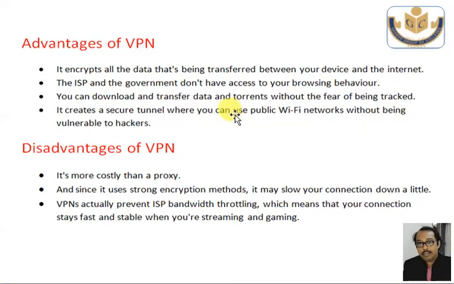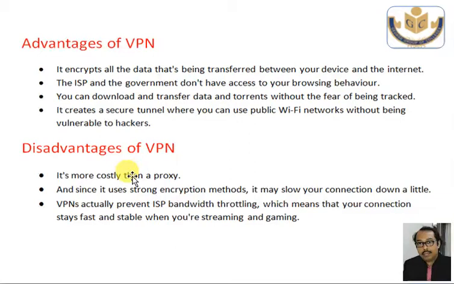The advantages and the disadvantages of VPN. The only advantage you can think of is that it is encrypted. Now the text is converted into such a form that nobody in between can understand what the sender is trying to send. Only the sender and the receiver can understand, because it is encrypted. The disadvantage is that VPNs are costly.